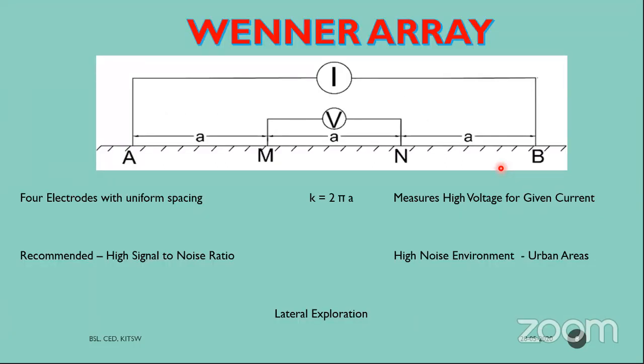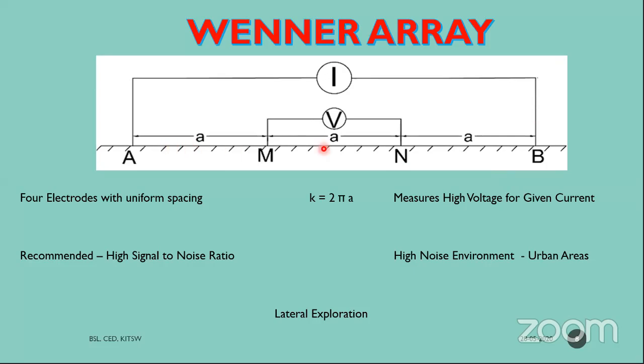First one is the Wenner array. If you see this diagram keenly, A and B are the extreme electrodes, which are called current electrodes. M and N are the inner electrodes, which are called potential electrodes.